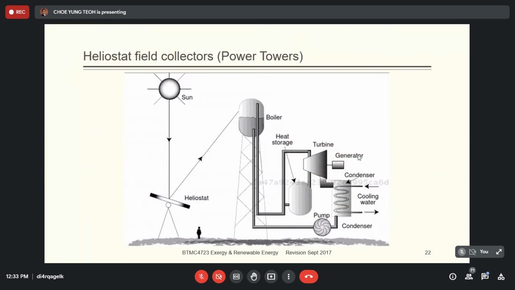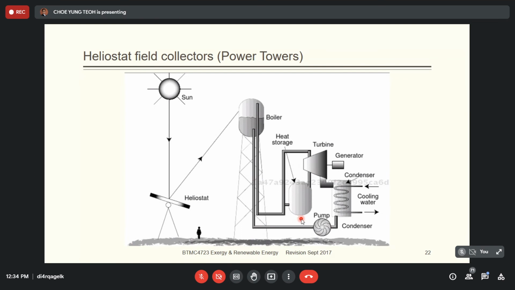Okay, this is a heliostat fuel collector. Complete structure. So you can see that the heliostat receives the sunlight and reflects to the boiler. The boiler will capture the heat and transfer to the storage or directly use it in the turbine.